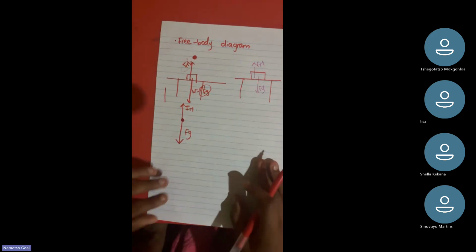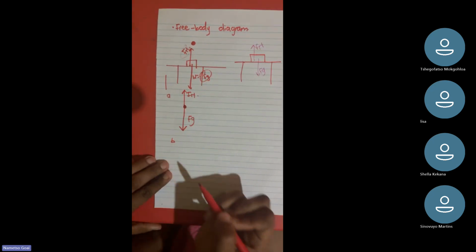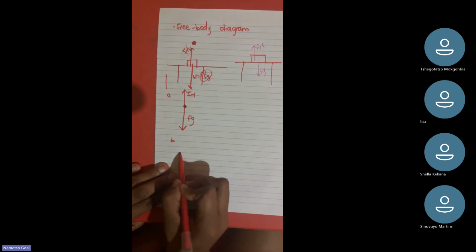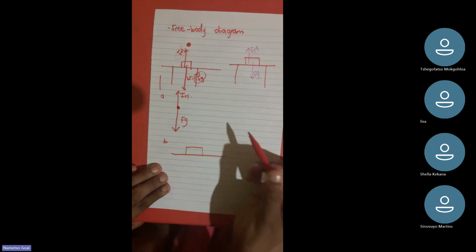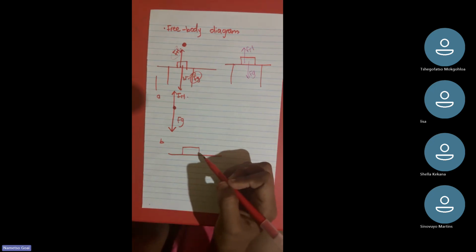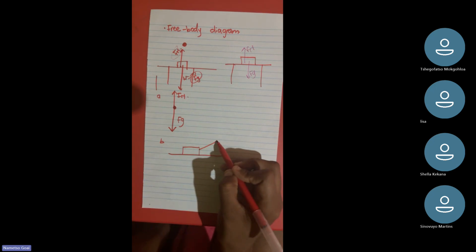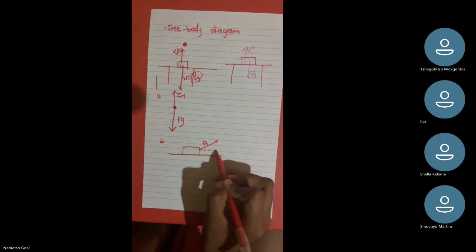So this was A. Now let's say this is B. Another way in which they can put it is, you again have a surface like this, and you have your object, but now you have a force being applied. So you have Fa going that way.